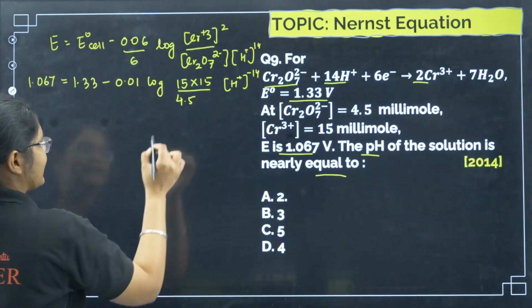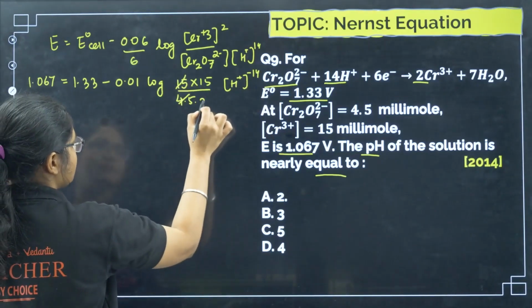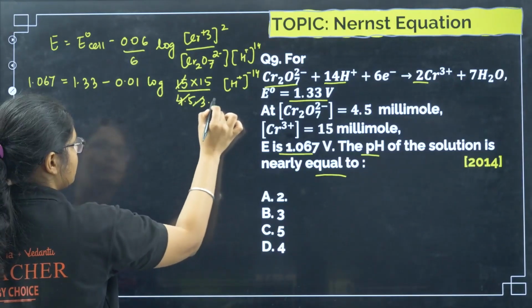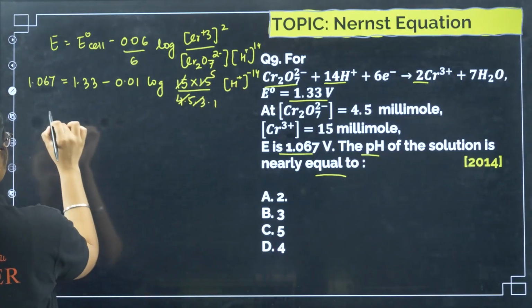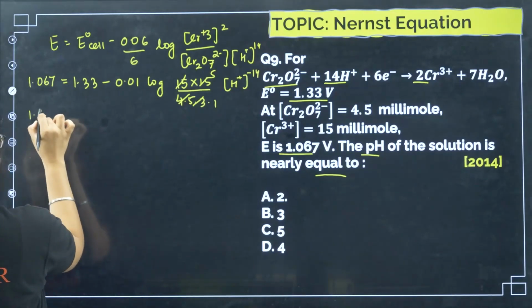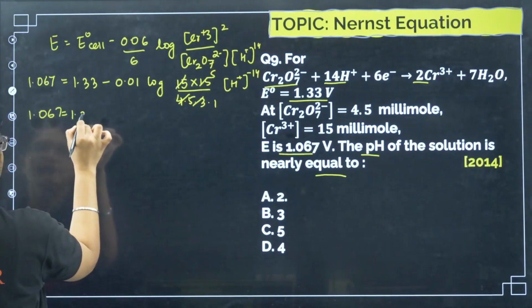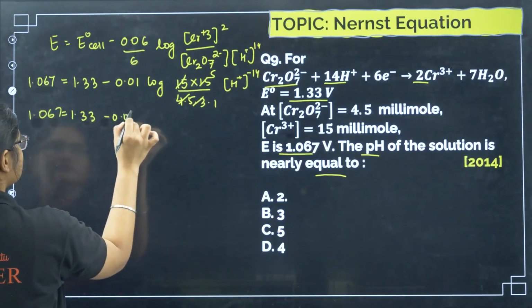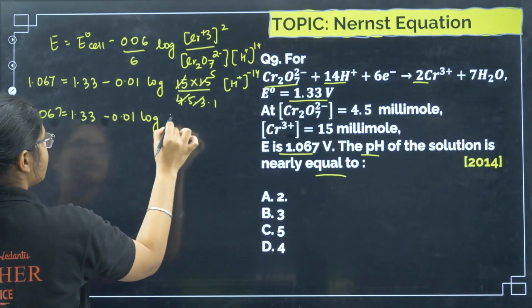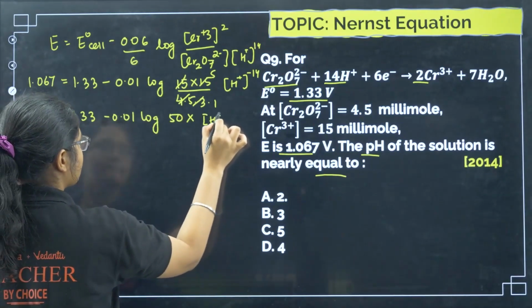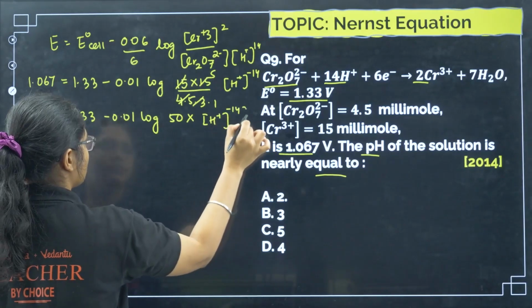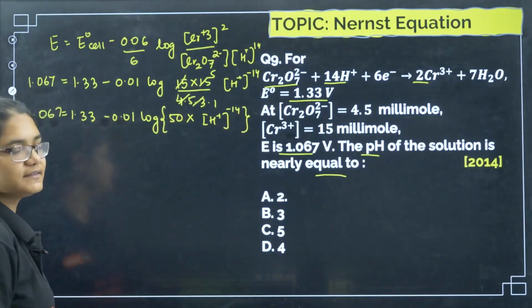Next what I can do, I can cancel here, 15 ones are 15, 3s are 4.5, then this goes up, so 50, so I will have 1.067 equals 1.33 minus 0.01 log of 50 into H plus to the power of minus 14. Okay, this is there with me.